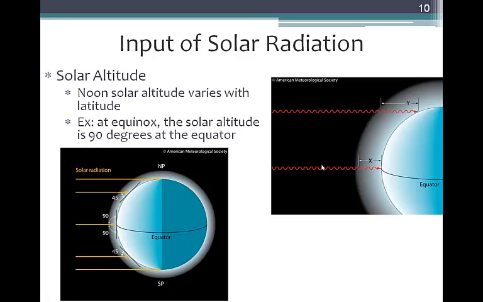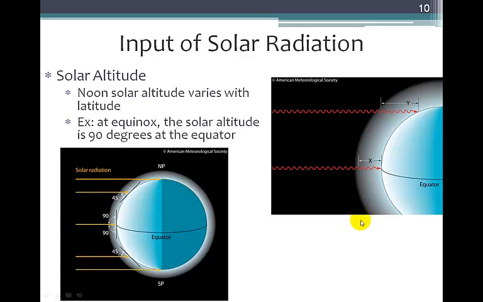So when the sun is directly overhead for an area, like it is here at the equator, the amount of atmosphere that radiation has to pass through is much less than for areas further towards the poles, for which the sun has to pass through a thicker layer of the Earth's atmosphere.